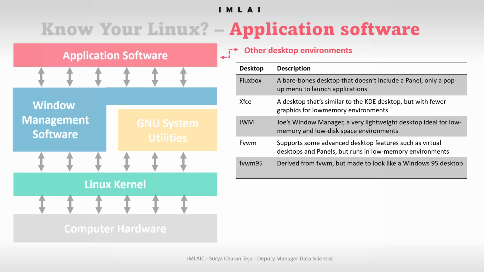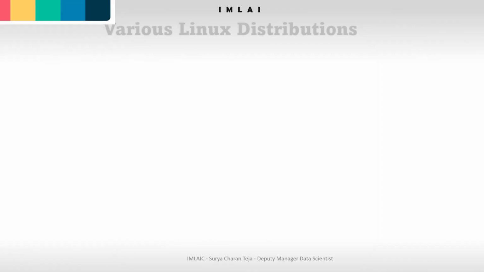So now it's time to put everything together, and so we will look into various Linux distributions. Now that you have seen the four main components required for a complete Linux system, you may be wondering how you are going to get them all put together to make a Linux system. Fortunately, other people have already done that for you.